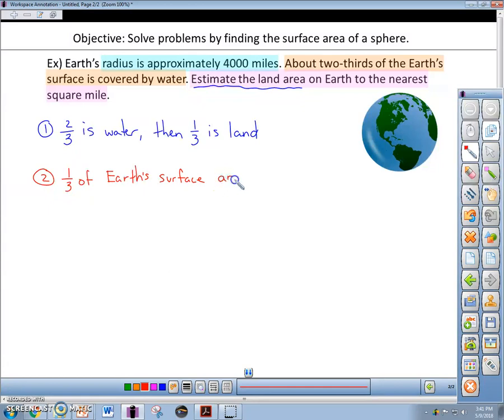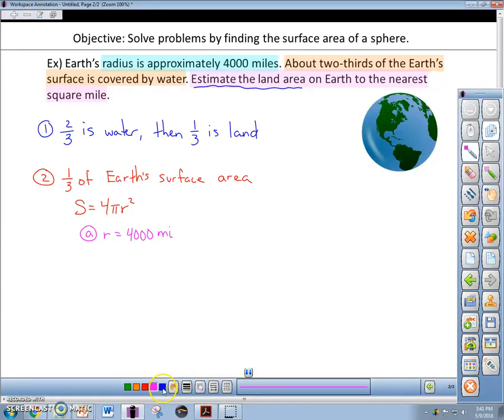The measurement that we need for surface area is, remember, the radius, which we have in our formula 4 pi r squared. So our radius is given to us earlier as an estimate of approximately 4,000 miles. That's a little higher than the actual Earth's radius, but it's rounded to the nearest thousand in this case.